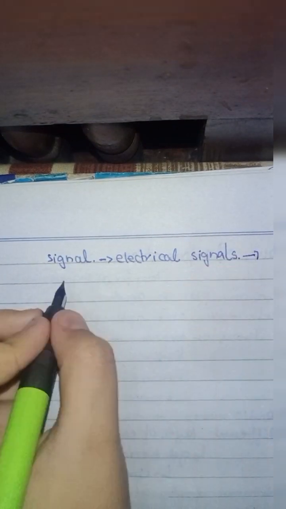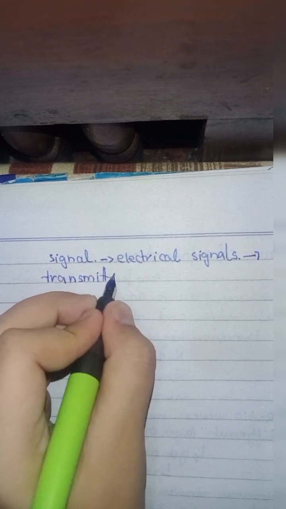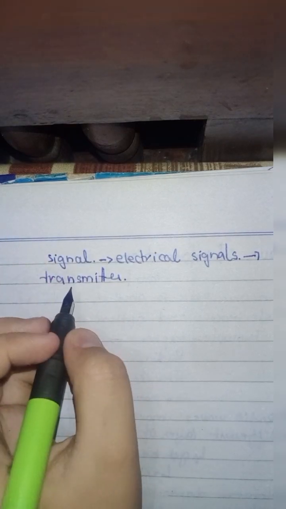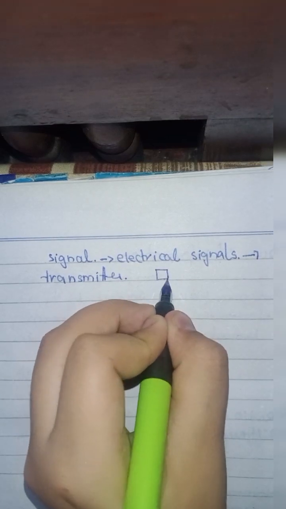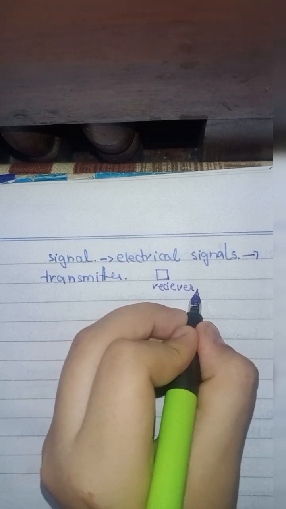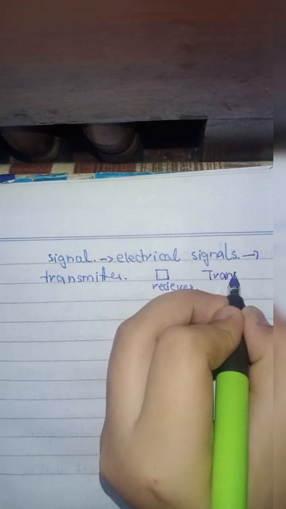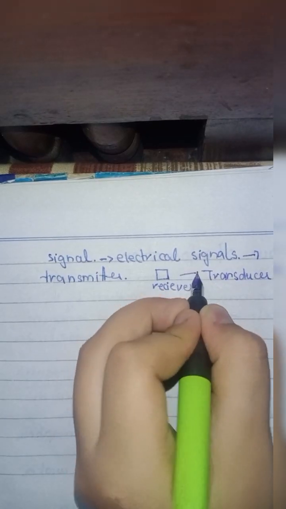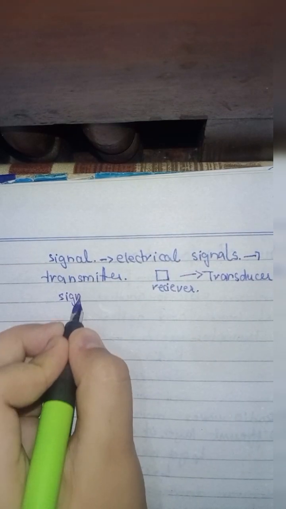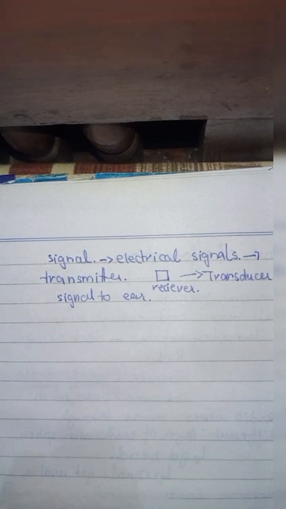Then we have the receiver, and after the receiver a transducer, with the help of which the signals are passed through air to the ear. Let me tell you once again.